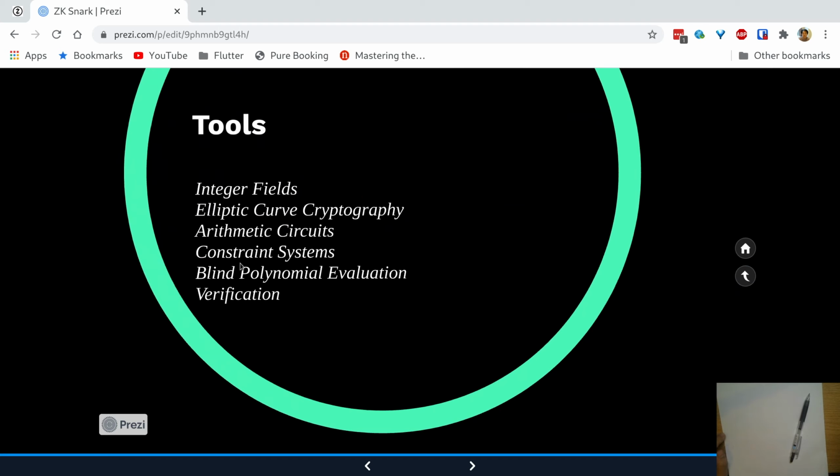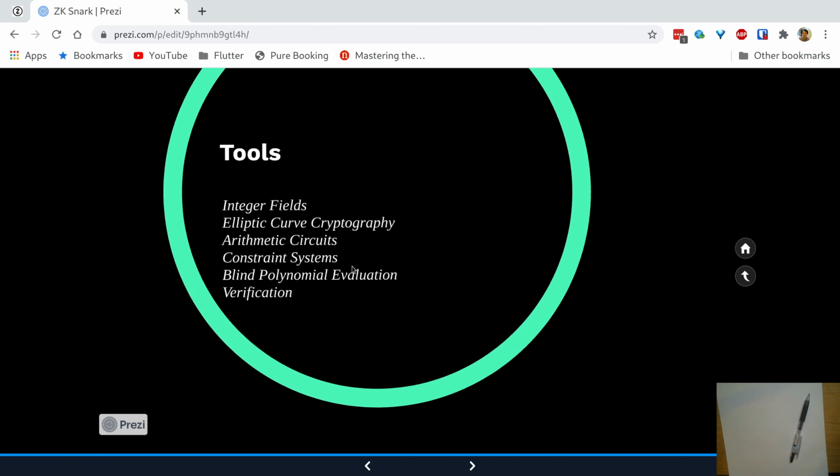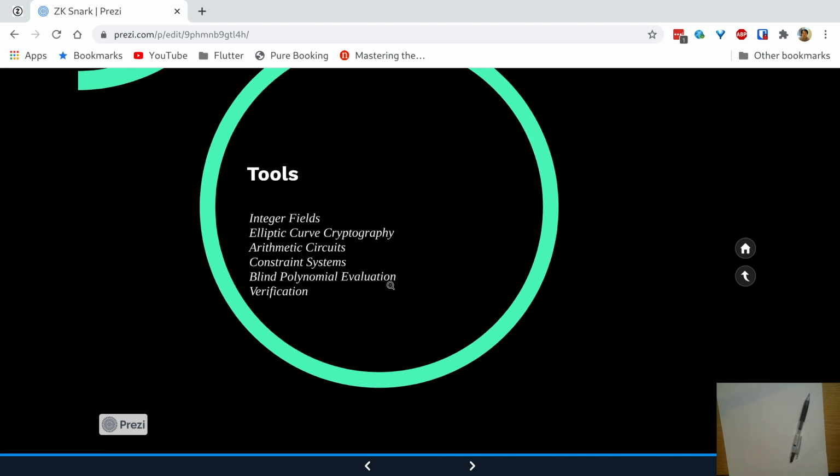And there's one thing in between I forgot about. It was a quadratic arithmetic program, QAP. So QAP is when we turn that into a polynomial. So now we're going to talk about how to do this blind thingy, like blind polynomial evaluation and verification.